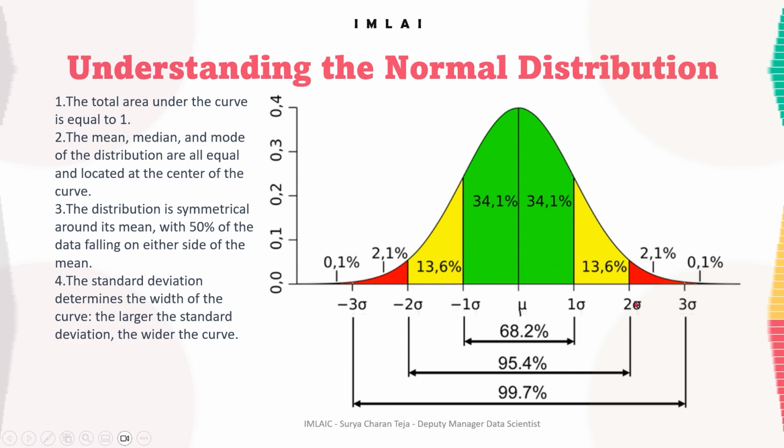Approximately 95 percent of the data will fall between 50 plus 20 and 50 minus 20, that's 30 and 70. And approximately 99.7 percent of the data will fall between 50 minus 30 and 50 plus 30, that's in between 20 and 80.